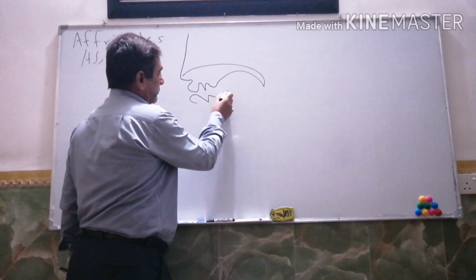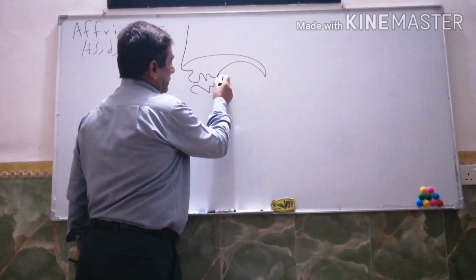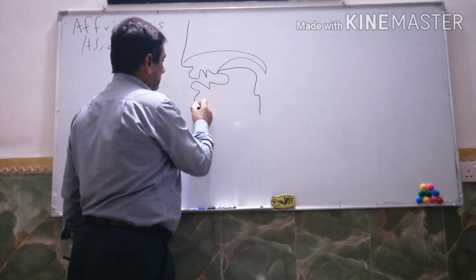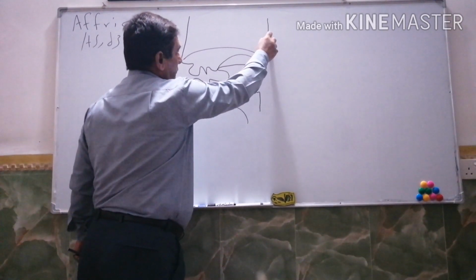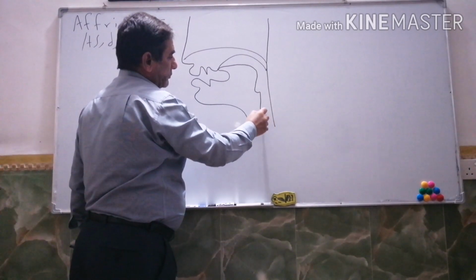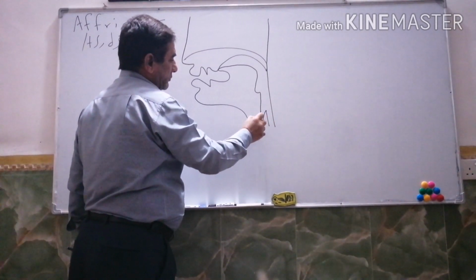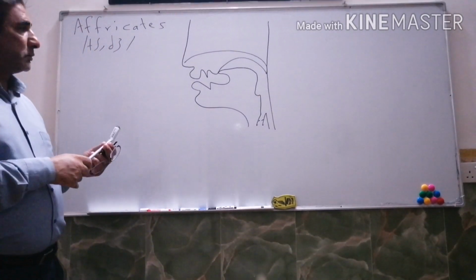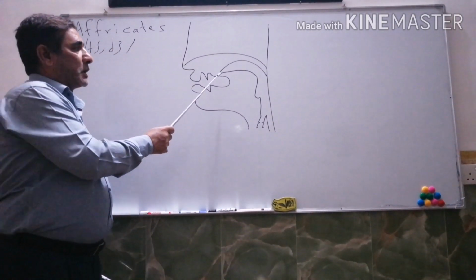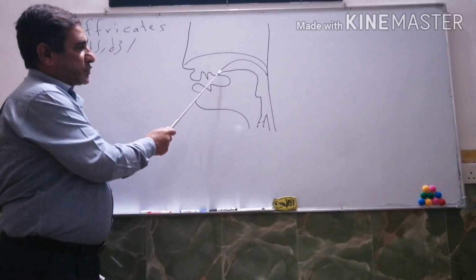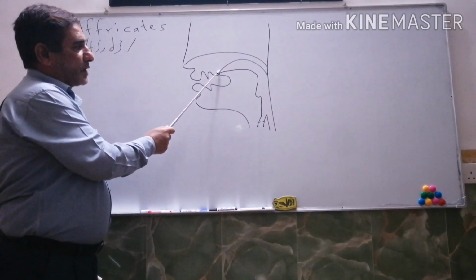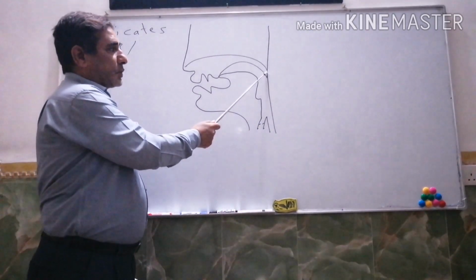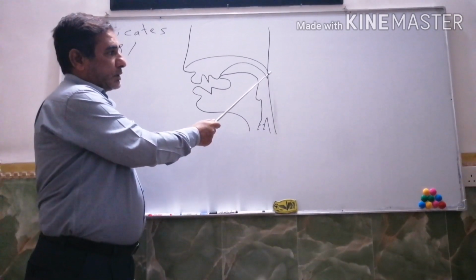Now, this is the back part of the alveolar ridge, and as you see, again, the first point says the tip of the tongue touches the back part. This is the back part of the alveolar ridge, and at the same time, the soft palate is raised.